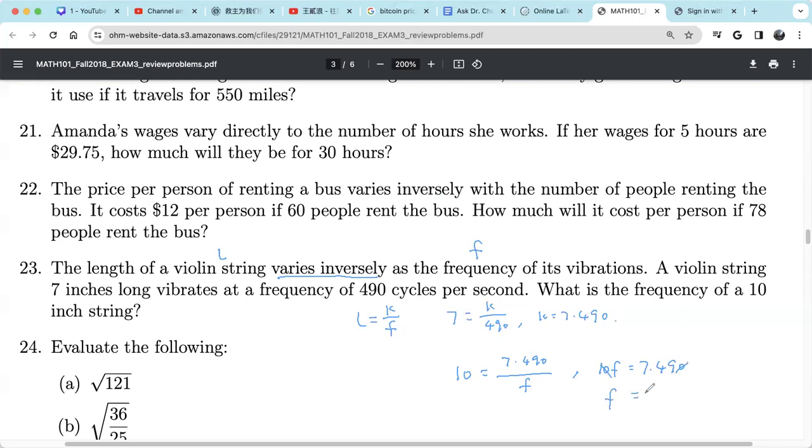So the frequency equals 7 times 49. You can think of 7 times 49 as 7 times 50 minus 7. 7 times 50 is 350, minus 7 is 343. So the frequency of vibration would be 343 cycles per second. That's its unit, cycles per second.